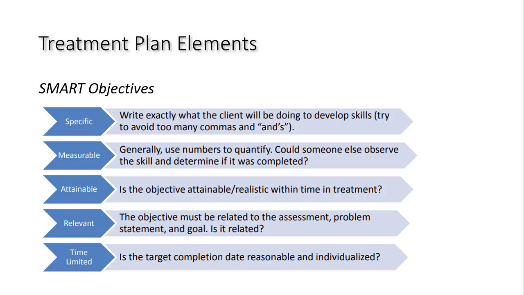Generally, we're going to use numbers to quantify. So you notice that I've been talking about how comfortable are you when you're at the store and how often are you going. It needs to be numeric. That way we can track progress numerically. There are perfectly reasonable quantitative ways to measure how people are feeling. So if I said, how are you feeling? And they said, well, I feel kind of antsy about going.